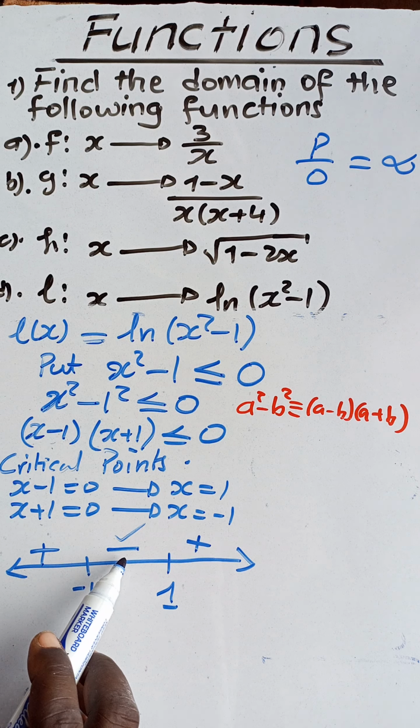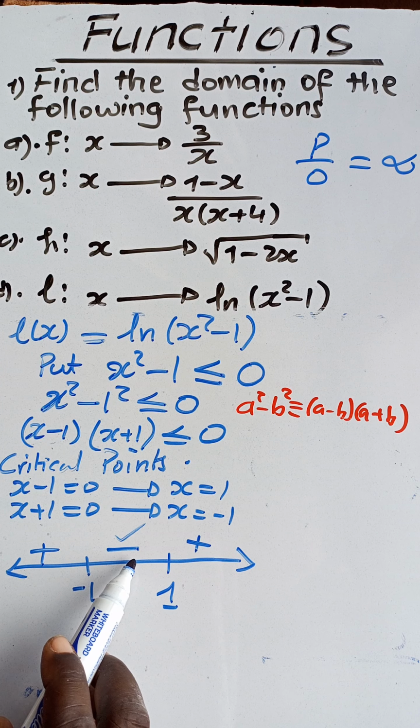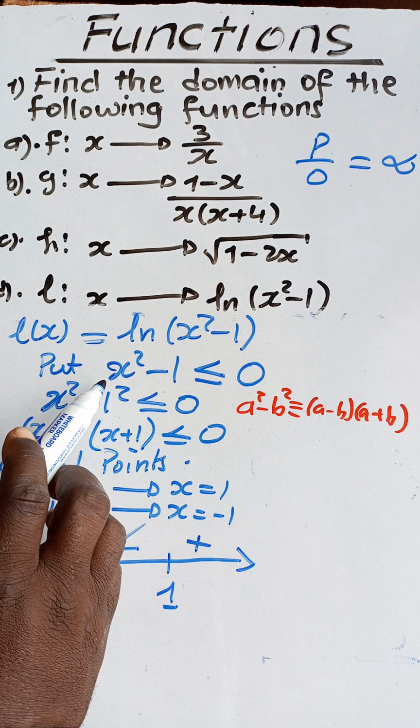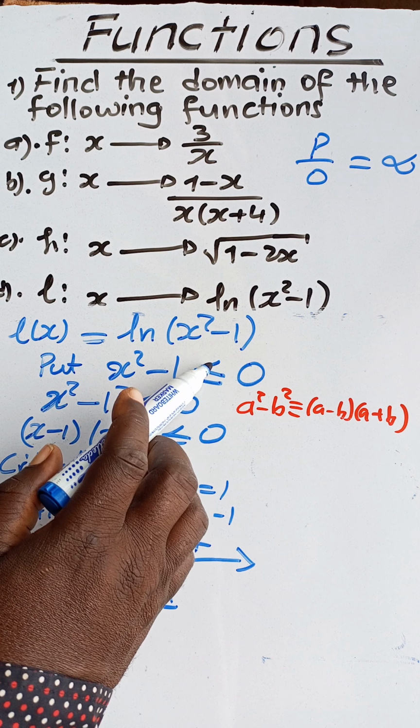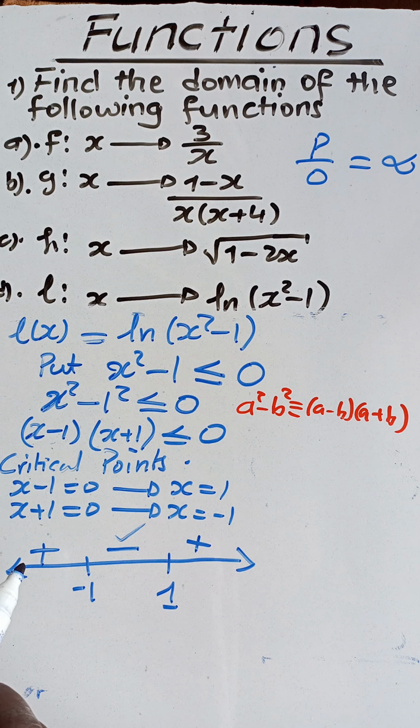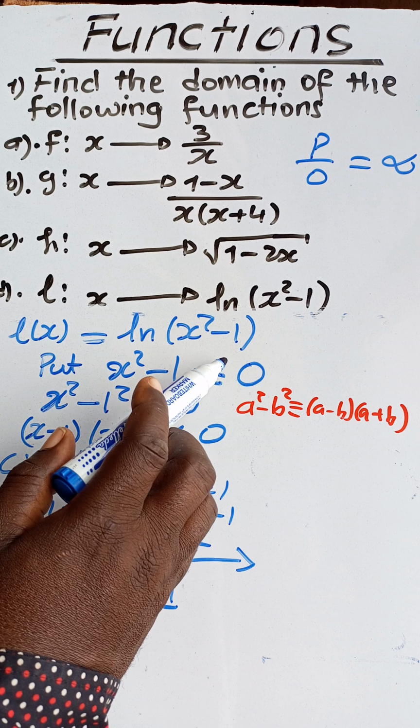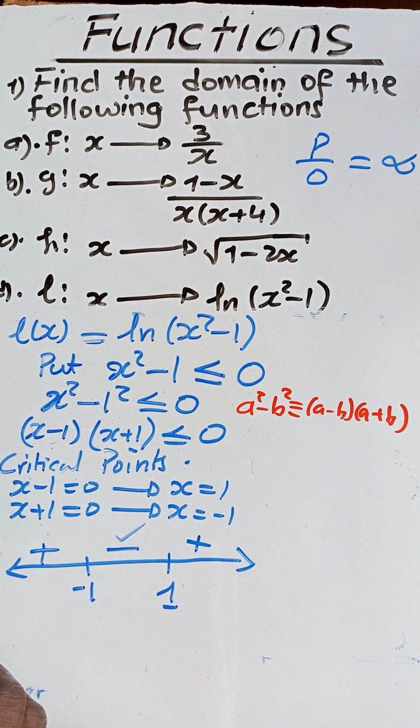So here we have values that we have to avoid. This zone here will produce values that render this expression either 0 or less than 0. We don't want to have 0, and we don't have any values here less than 0. So this zone is a zone to avoid.